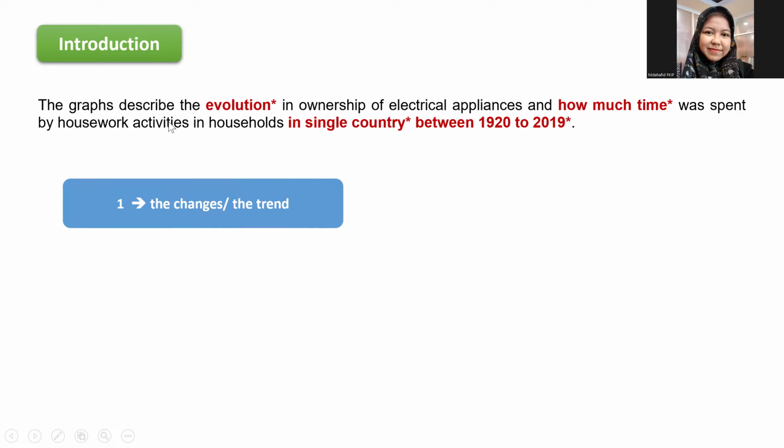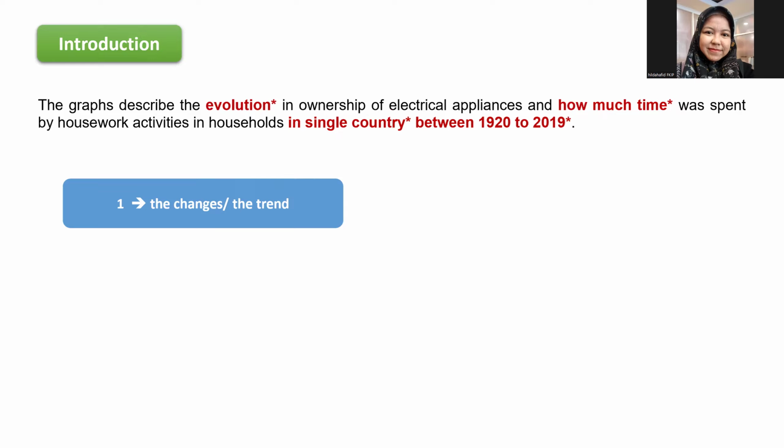So first, evolution. Actually, evolution means changes, transformation. But evolution is not really working in this topic. We usually use evolution for words related to human evolution or language evolution. It's kind of heavy to have evolution here.